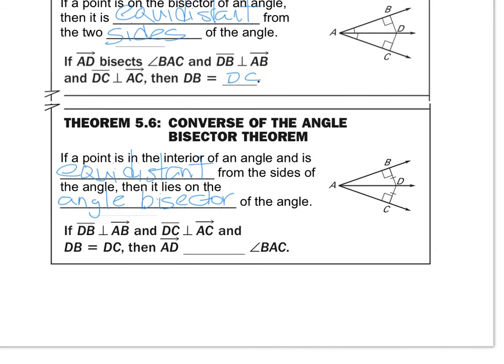So if DB is perpendicular to AB and DC is perpendicular to AC and DB equals DC, then AD bisects angle BAC.